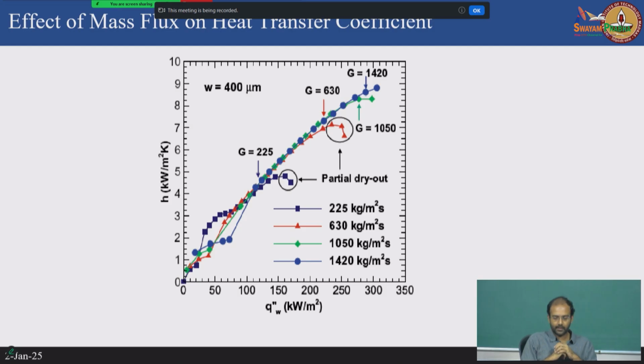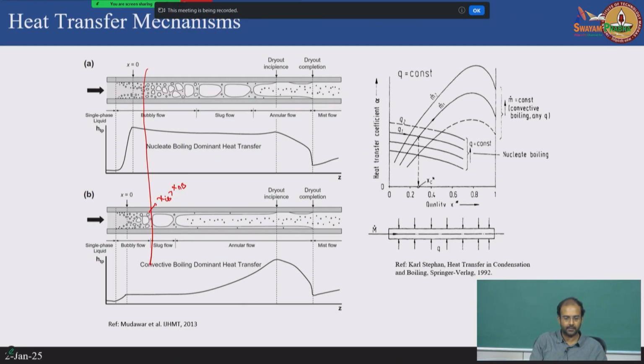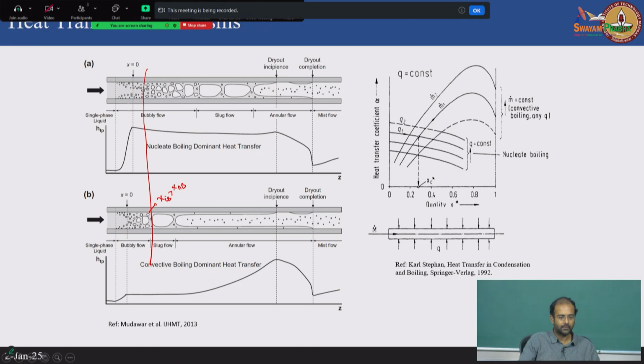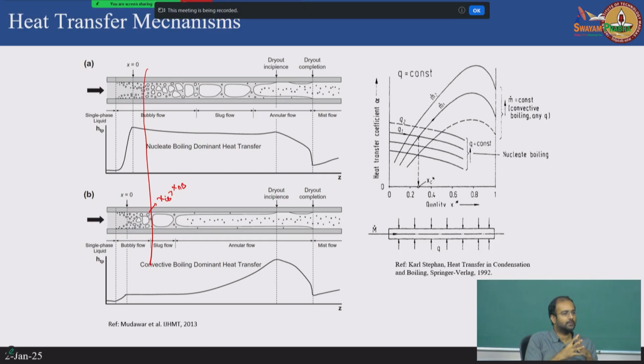In flow boiling, when you are operating using both the power of nucleate boiling plus adding convection, the convection is going to cause the early merger of all these bubbles, and this will progress very quickly to the slug flow regime, and not only that, it is also continuously feeding the liquid film surrounding the slugs. So, that is more important as far as the enhancement in heat transfer is concerned.